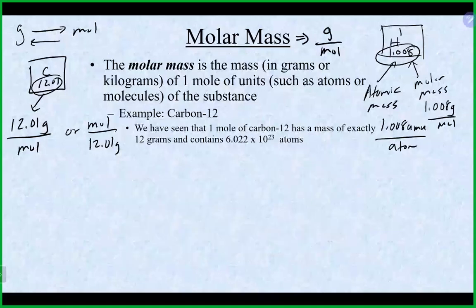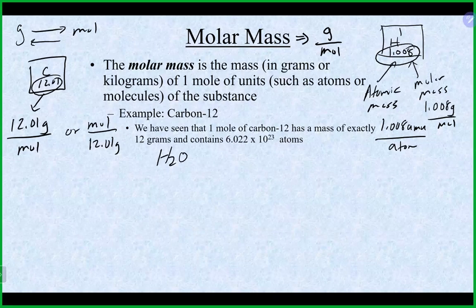Now, if you had something, say, like water, and you needed the molar mass of water, what you would do is essentially just add up all the parts from the periodic table. So you would go to the periodic table and you would find hydrogen. And again, it says 1.008 grams per mole is the molar mass of hydrogen.